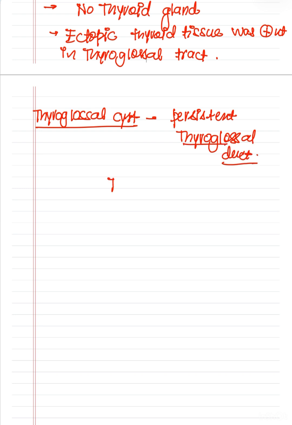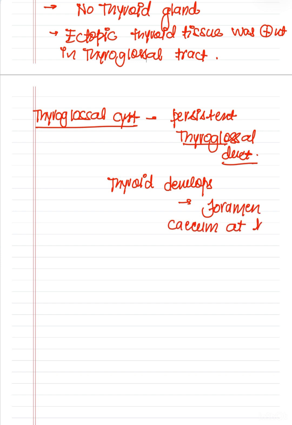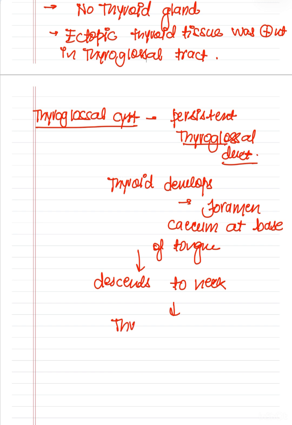So the thyroid develops at the foramen cecum at the base of the tongue, and then descends to the neck through the thyroglossal duct.